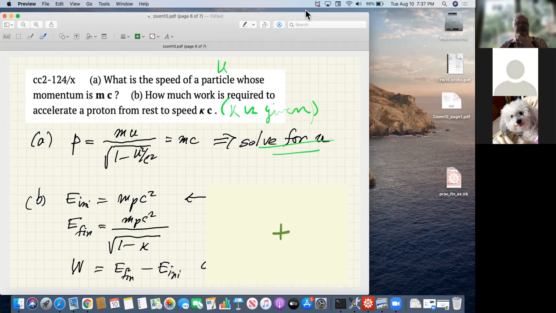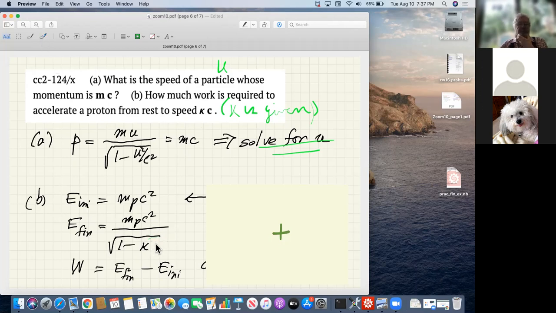The final energy is mc squared over the square root of 1 minus u squared over c squared. Now u is kappa c. So I guess u squared is kappa squared c squared.